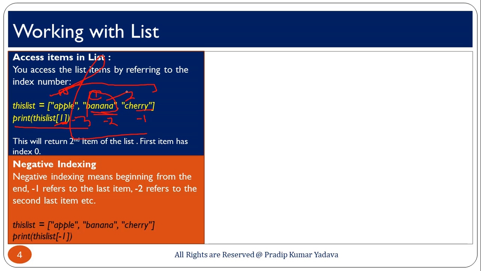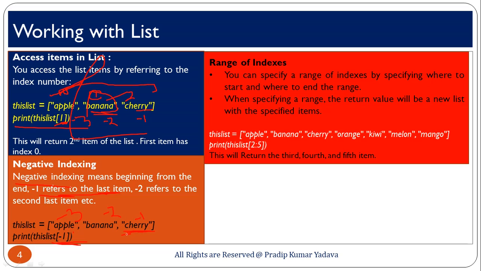Now, talking about negative indexing, which I have already told you, negative indexing means beginning from the end, -1 refers to the last item, the last item of this list. So it represents -1, -2 and -3. Here if you run this, we will get cherry. So this is an example of negative indexing.